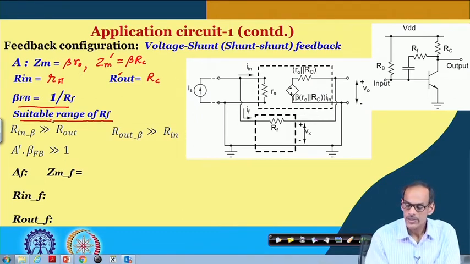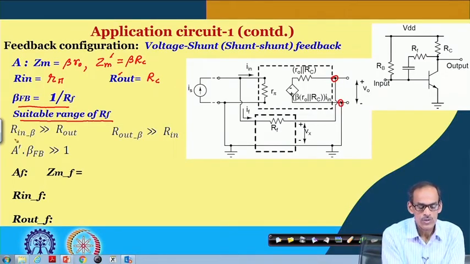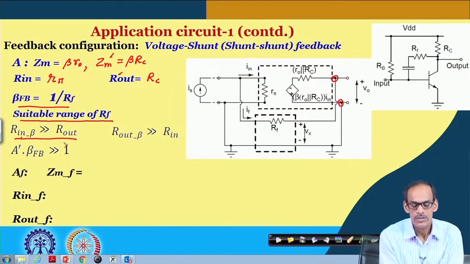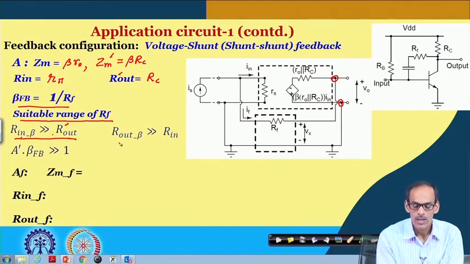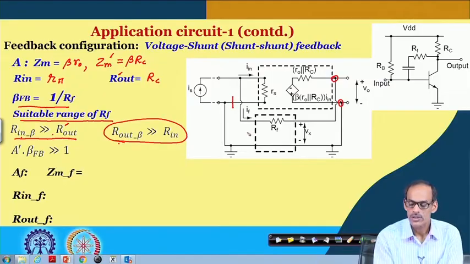And to get that, since we are sensing the voltage here, one condition is that R in beta should be much higher than R out here, or R out dash. Likewise, to ignore the loading effect here, the R out of the beta network should be much higher than R in.